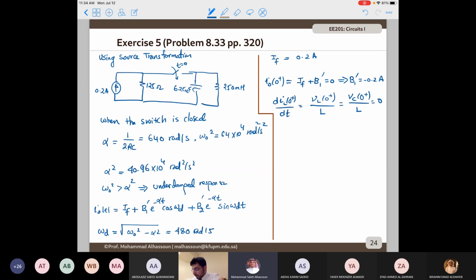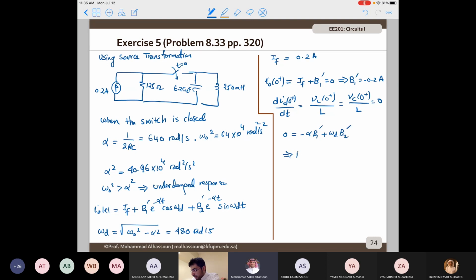If you differentiate I naught and evaluate it at 0, you will get 0 equals minus alpha B1 prime plus omega d B2 prime.